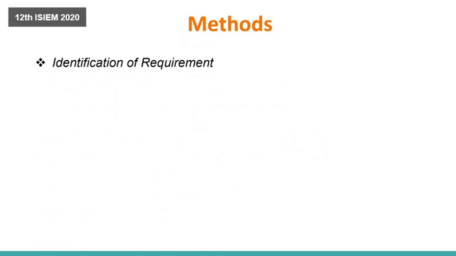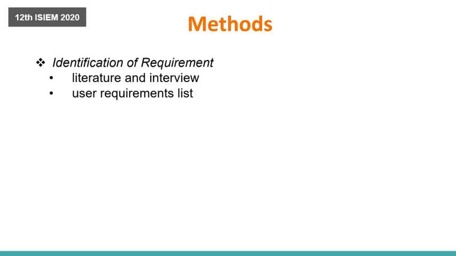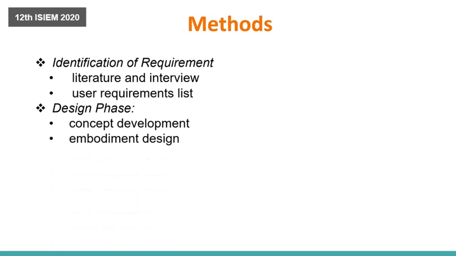As a method, we use three steps. There is identification of requirement, which consists of literature review and interview, and then making of a user requirement list. The second step is the design phase, which consists of designing the concept, then embodiment design, and then detailing the design.